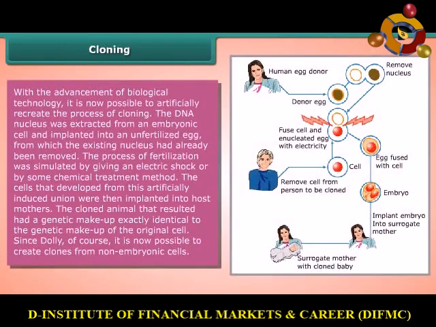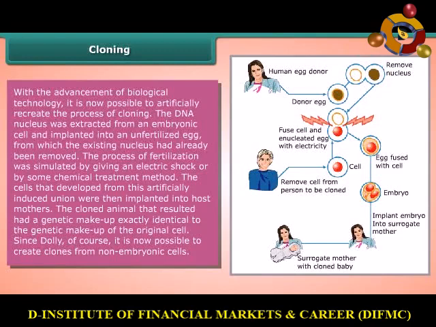With the advancement of biological technology, it is now possible to artificially recreate the process of cloning. The DNA nucleus was extracted from an embryonic cell and implanted into an unfertilized egg from which the existing nucleus had already been removed. The process of fertilization was stimulated by giving an electric shock or by some chemical treatment method.